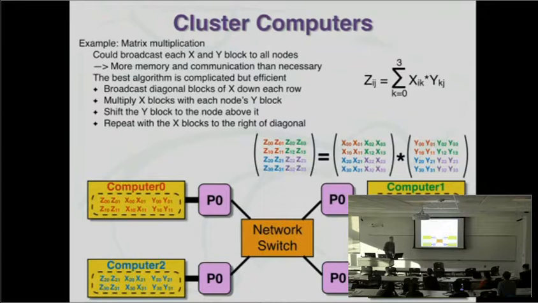So every other node has a copy of the entire X array, and I do the same for Y, a copy of all the Y elements. Then I'm done with my communications up front, and I can do all the computations, and at least they're divided up. Well, you're doing a lot of communications up front.